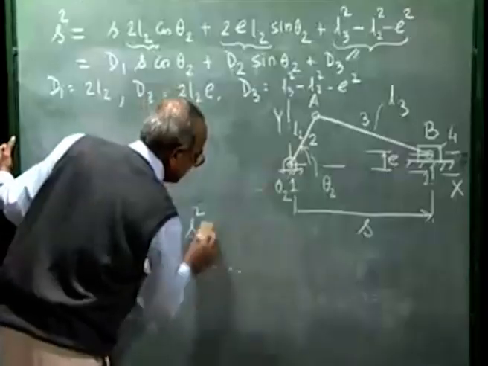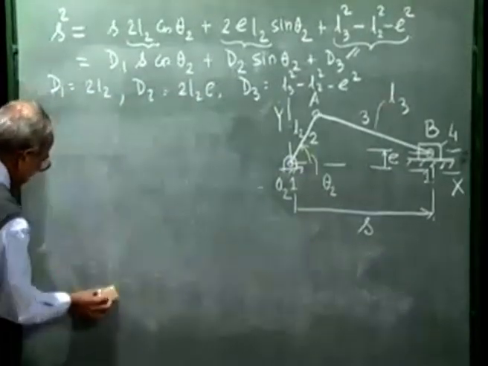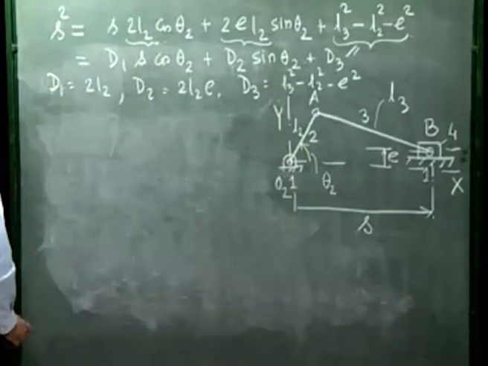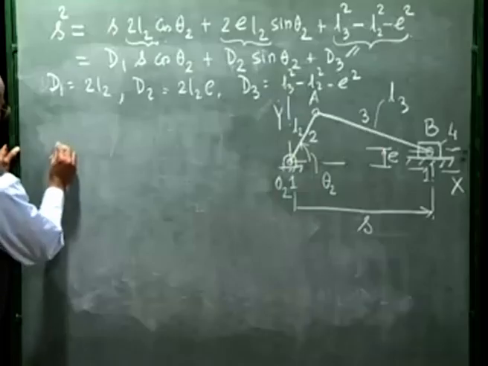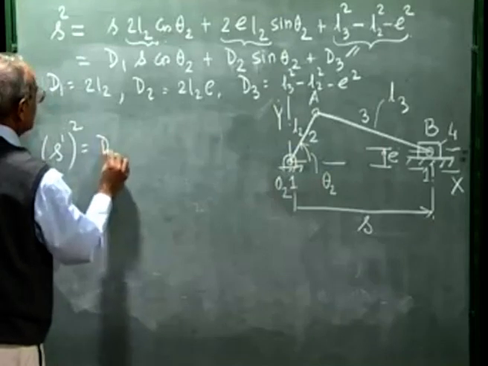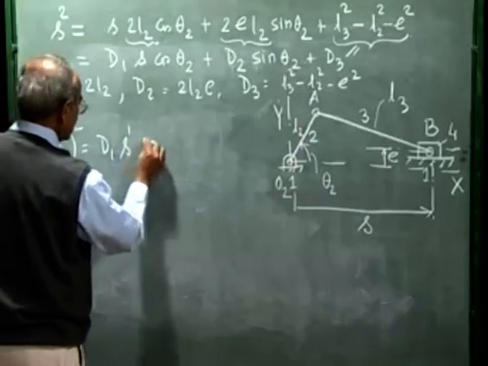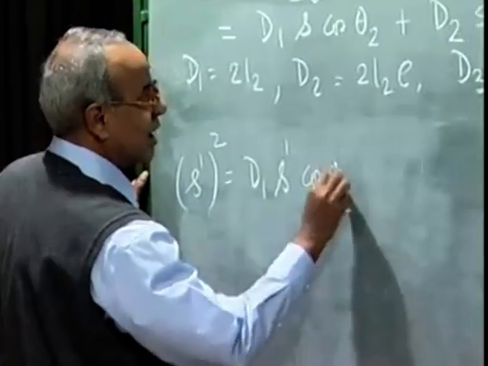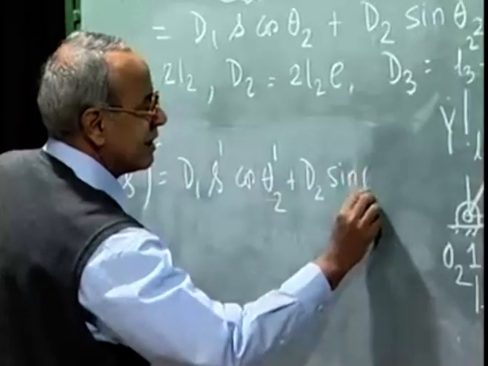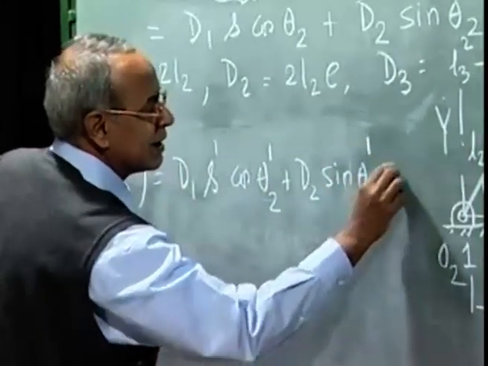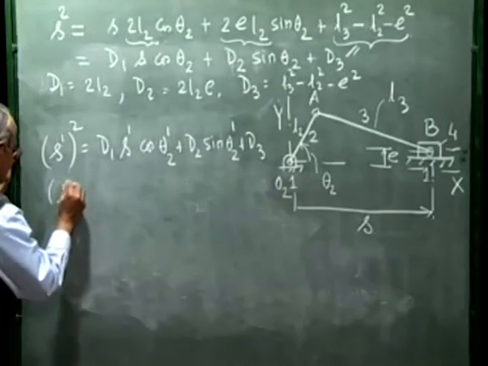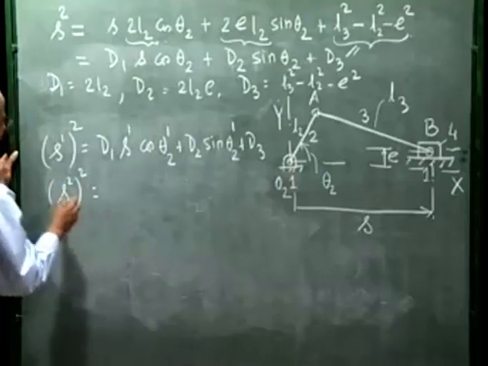So, we get 3 equations by plugging in the values of theta 2 and S in this displacement equation. S1 squared is d1 S1 cosine theta 2 1 plus d2 sine theta 2 1 plus d3. Same way, this equation will be valid for the second configuration S2 and theta 2.